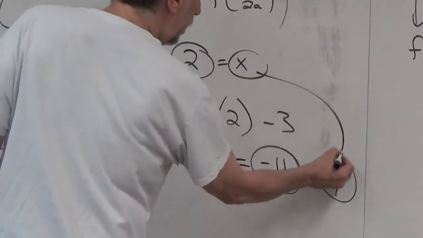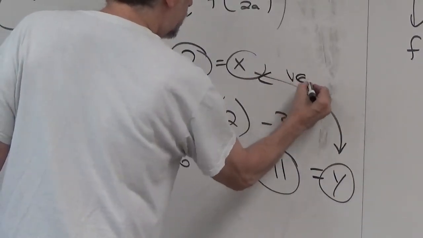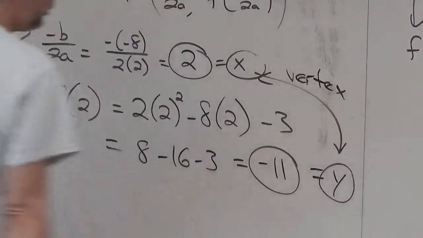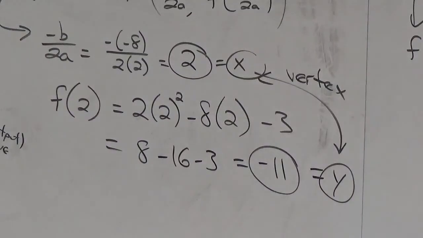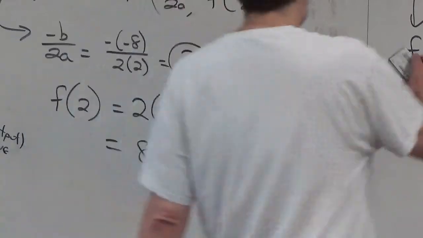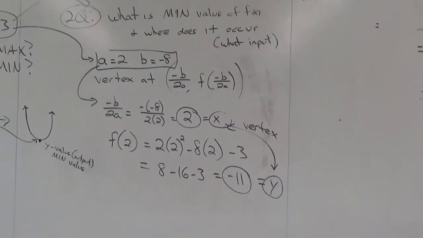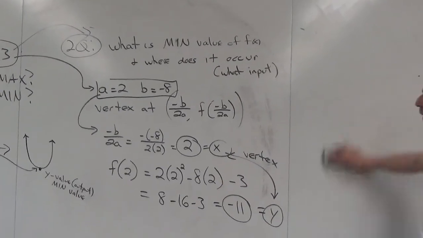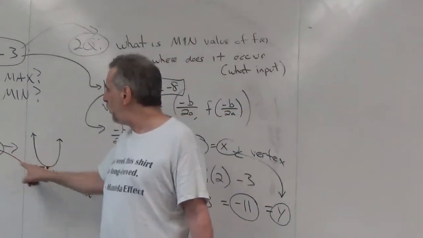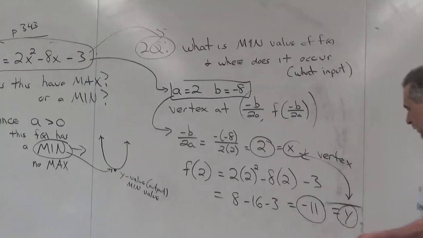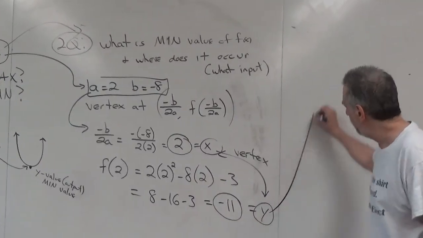Right? The x, y vertex. Did I do that right? -8 minus 3, -11. Okay. So now we have the vertex, and we can now answer the question. We determined that it had a minimum and no maximum, so we know the minimum value is going to be this.